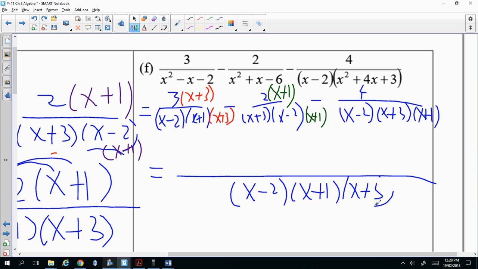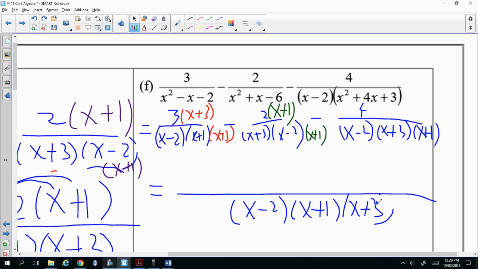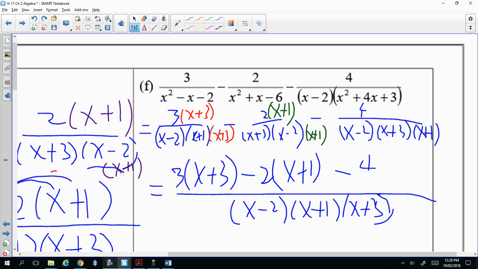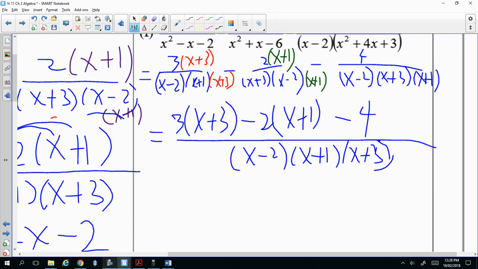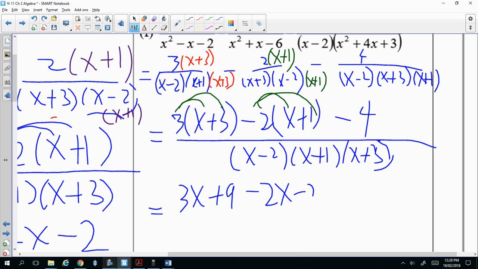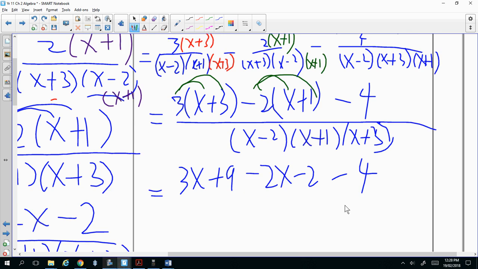Like that. And then you will get 3 times x plus 3 minus 2 times x plus 1 minus 4. And then you have to expand and collect like terms. So we get 3x plus 9 minus 2x minus 2 minus 4, all over x minus 2, x plus 1, x plus 3.